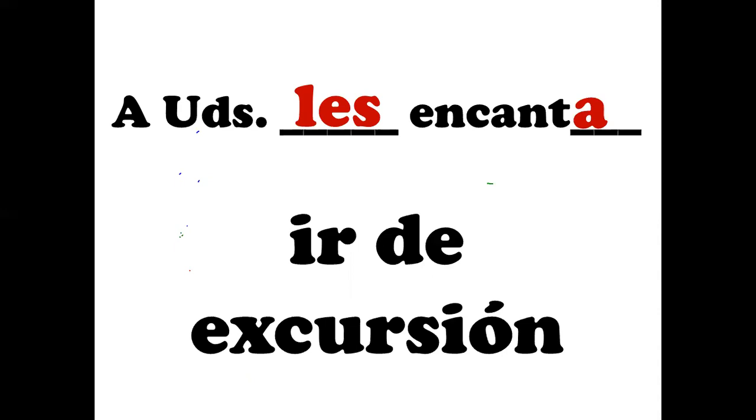Right? So in the case of a verb, if it's something that you like to do, or in this case you love to do, it would be the singular version of the verb. To y'all, it is pleasing to hike. So you would use the singular version, in this case, encanta. A ustedes les encanta ir de excursión.